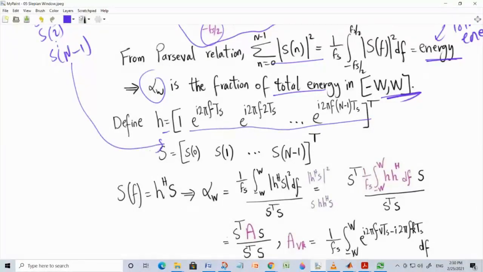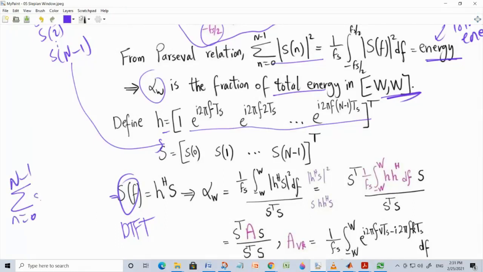Then our optimization variables will be collected in the S vector, an n-dimensional vector, S0, S1, out to S(n-1). And S(f) is the DTFT of the Slepian window. Let me actually write its formula. It is the Slepian window again. It has non-zero samples only from small n, from 0 to big N minus 1.